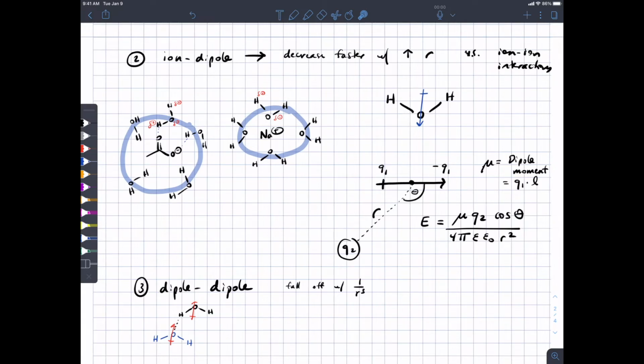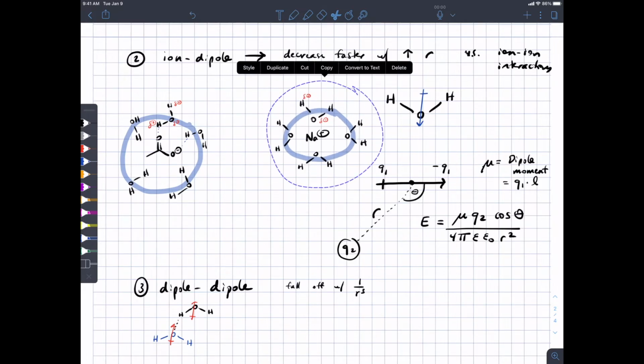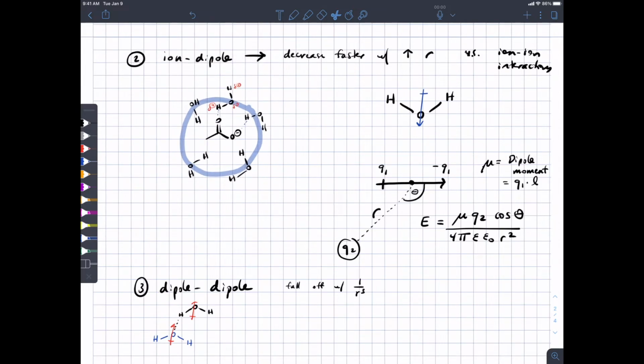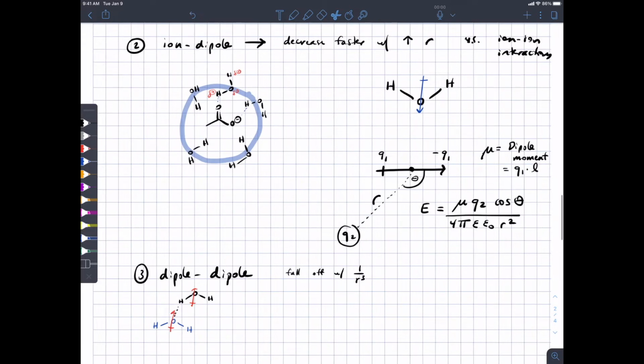For ion-dipole, you have an ion interacting with something that's not charged but has partial charges on one part of the molecule. So those are like two separate things. Yes, I'm sorry. These are not ion pairs. These are solvated ions, and I guess we could just delete that one. Yeah, sorry about that. I could see how that was confusing.